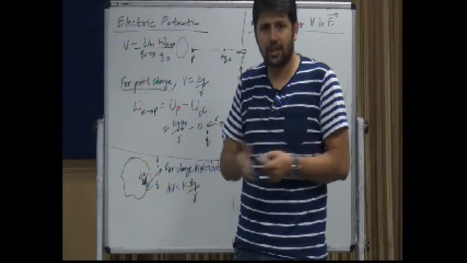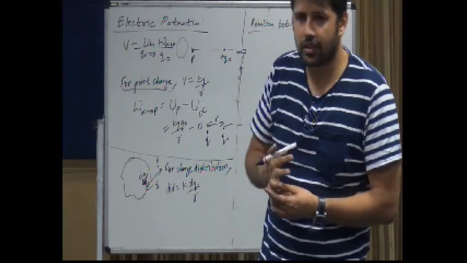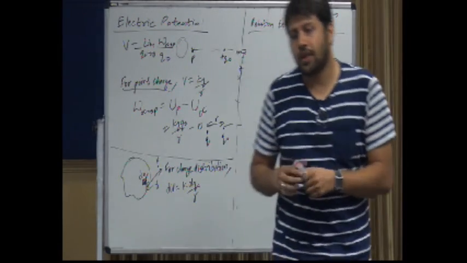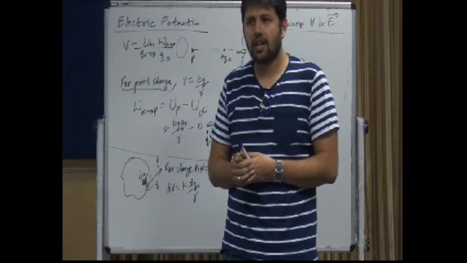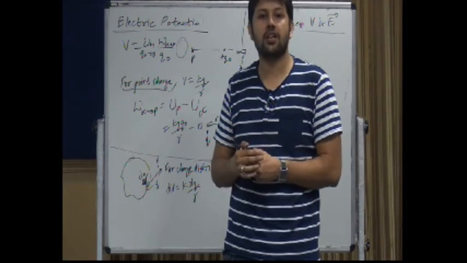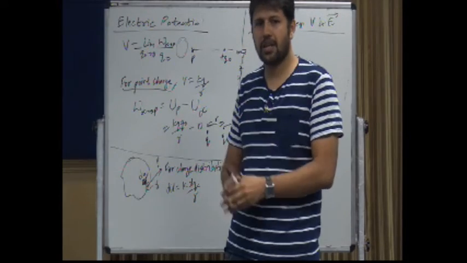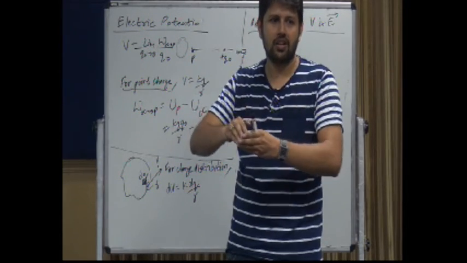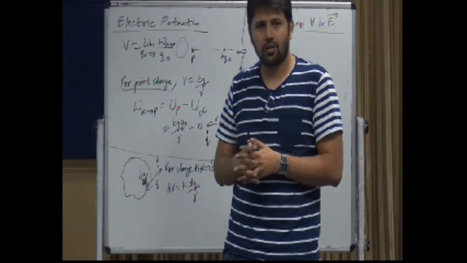You won't be able to get any work done. The potential gives us a picture of work done. At points where field is 0, potential may not be 0. So if we bring a charge from infinity to this point, the work done would be positive or negative, whatever the case may be. It won't be 0.